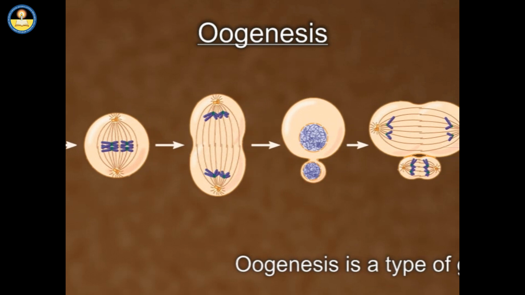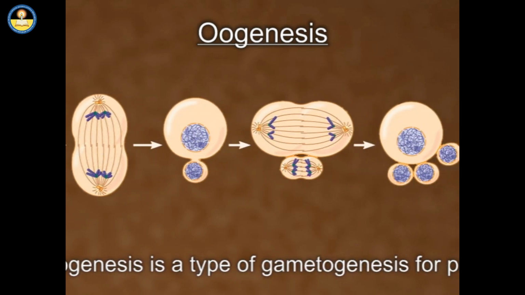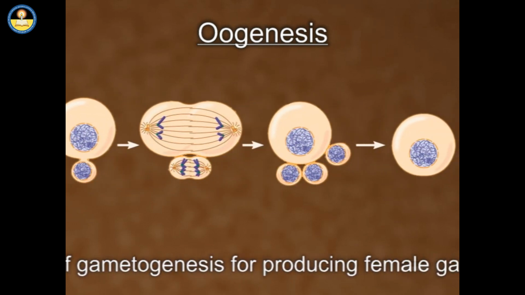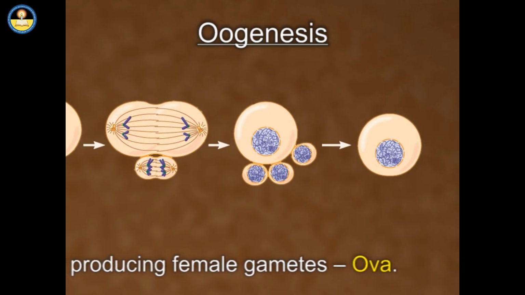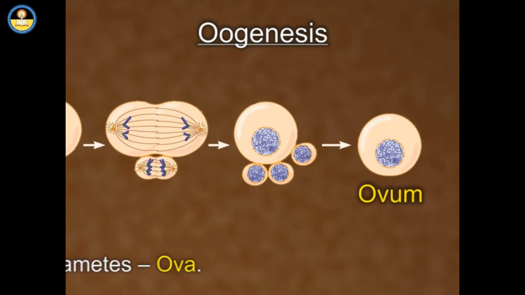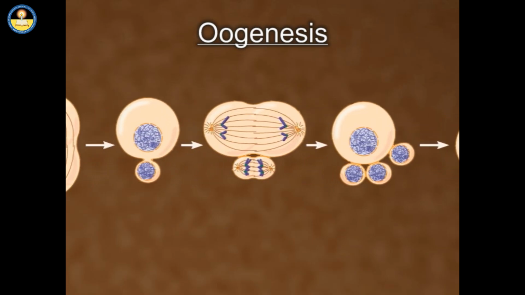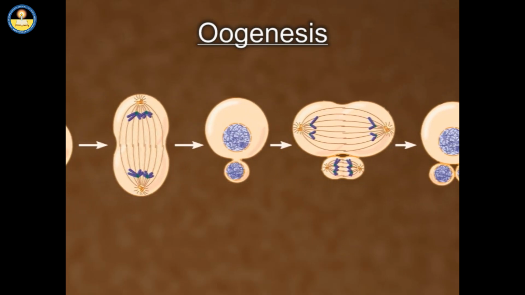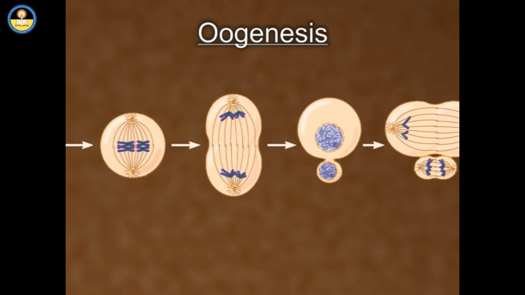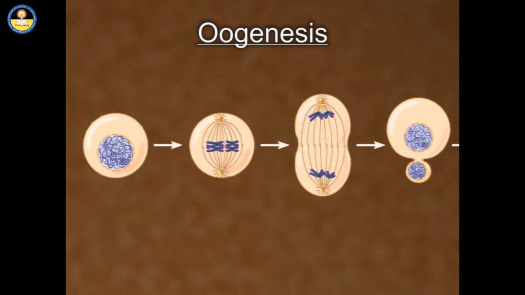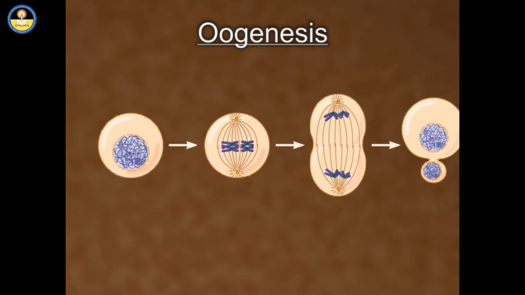Oogenesis is a type of gametogenesis for producing female gametes, that is ovum. Like spermatogenesis, oogenesis also involves the creation of haploid sex cells through the process of meiosis.